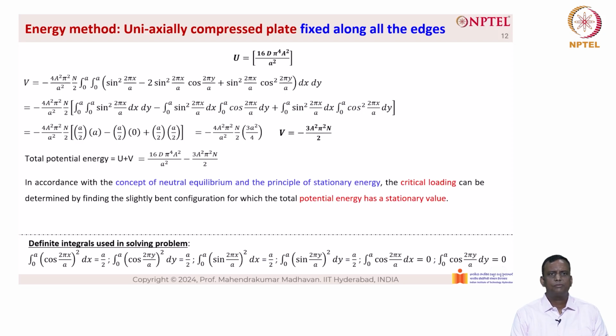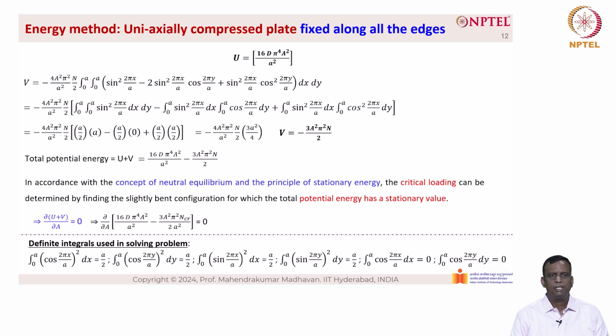Now, in accordance with the concept of neutral equilibrium and the principle of stationary potential energy, the critical loading can be determined by finding the slightly bent configuration for which the total potential energy has a stationary value, which basically means that when we differentiate it with respect to a, it should be equal to 0, and when we differentiate it with respect to a, that is partial differentiation with respect to a, in this case it is the constant. We have 16 d pi power 4 into a square by a square minus 3 a square into pi square into n critical by 2 a square, which is equal to 0.